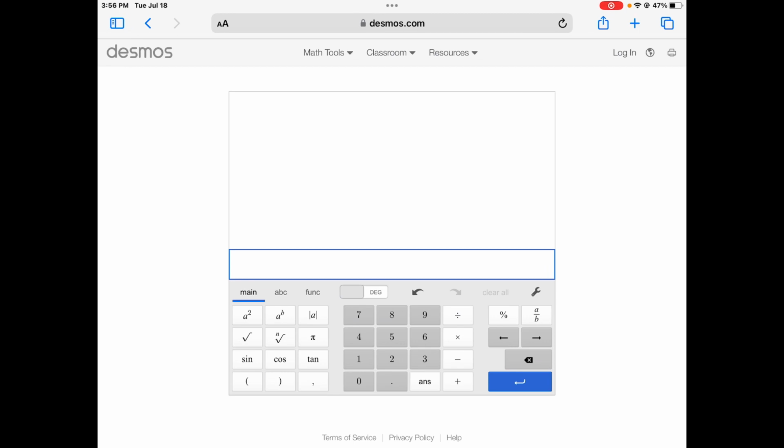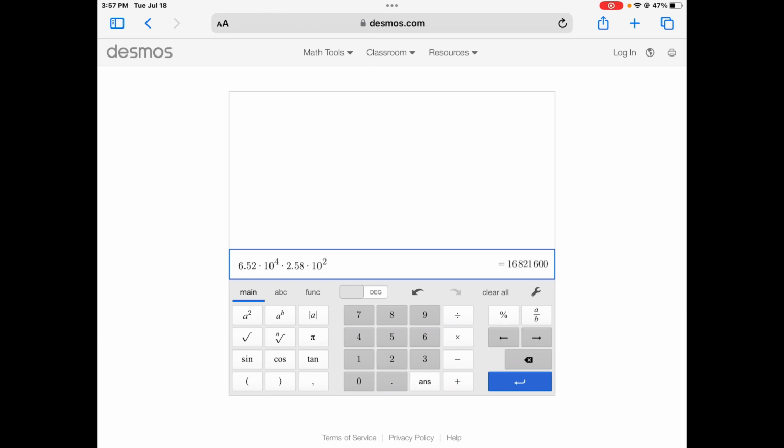All right, here we are in Desmos again. Now we are going to practice the multiplication of scientific numbers. All right, so our first one is 6.52 times 10 raised to the fourth power, times, and you might notice that for times here, they just use a little dot, 2.58 times 10 raised to the second power.